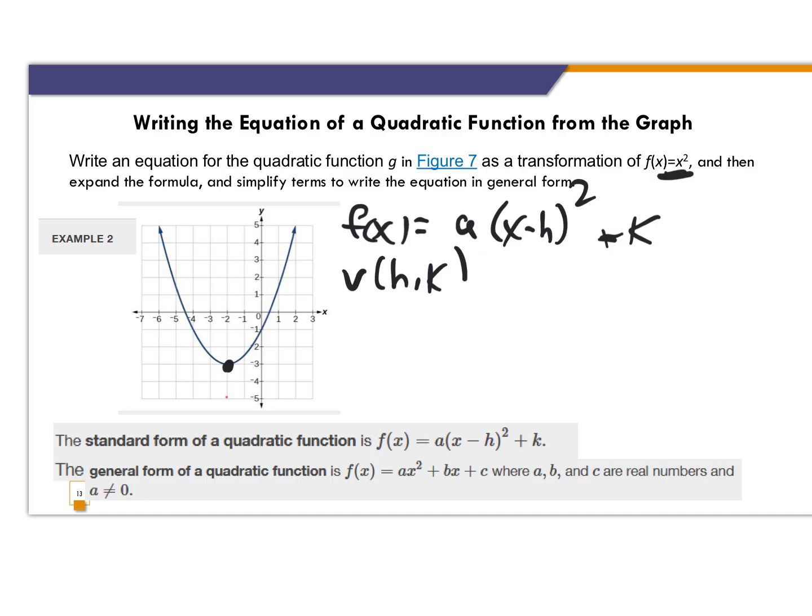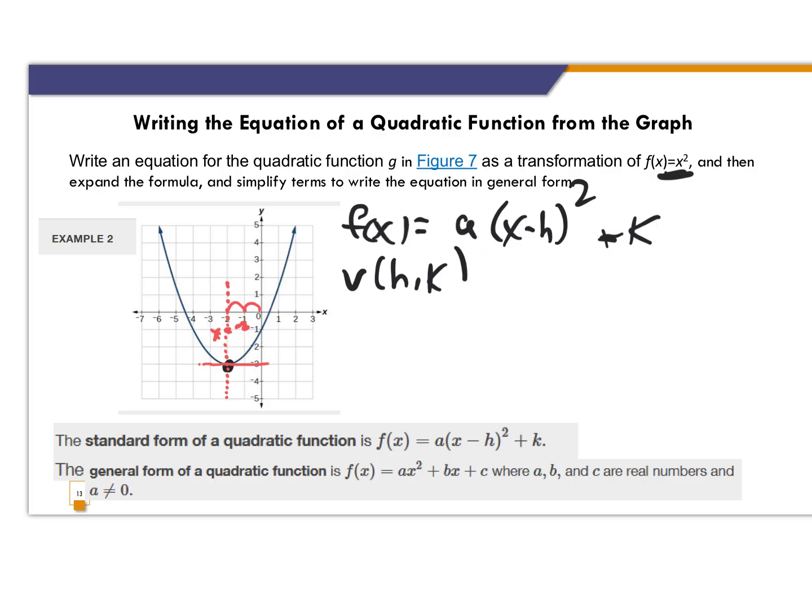It has to be on this line right here, and that is x equals negative 2. So therefore, I know that I'm going 2 to the left, 1, 2. And then going down, I'm down here at negative 3.